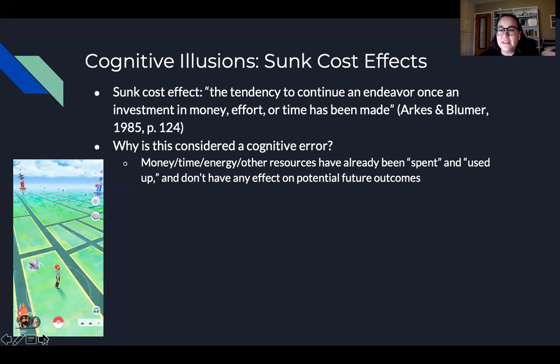And at this point, I've just been like, why am I still playing this game? Even before COVID, I was just like, why am I still playing this game? Like, what is the point? I feel like I've just plateaued. And as I was reading about the sunk cost effects, I was like, oh my gosh, I've continued playing this game because of sunk costs.